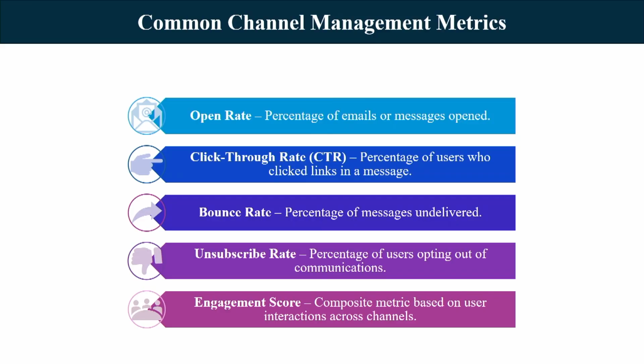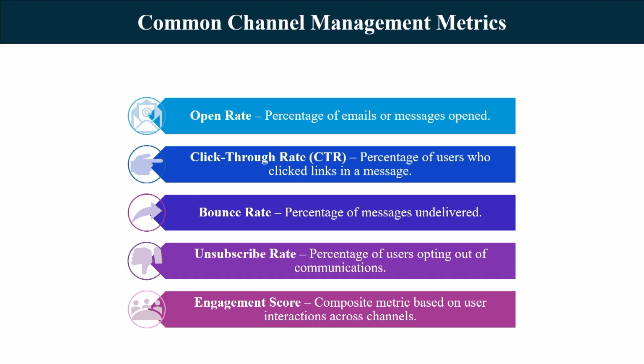For me, if I am unsubscribing, I am not interested, so that unwarranted communication is not required. At the same time, for them also it is a win, because they do not need to put their time, effort and money into communicating with me. It is unnecessary. Then engagement score, it is a composite metric based on user interaction across channels, like we have shown in the previous slide.